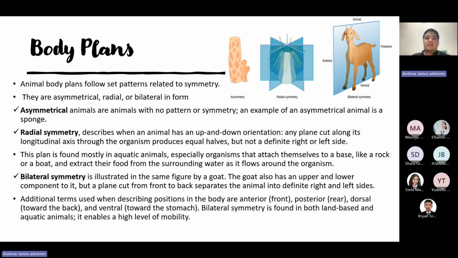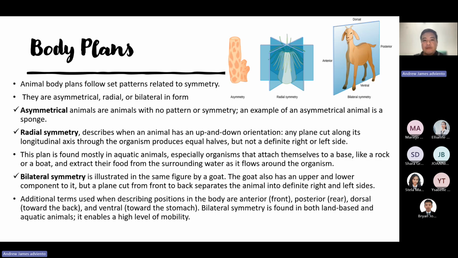Next is radial symmetry. These are animals that have an up and down orientation. Any plane cut along its longitudinal axis through the organism produces equal halves. So it's radial symmetry.